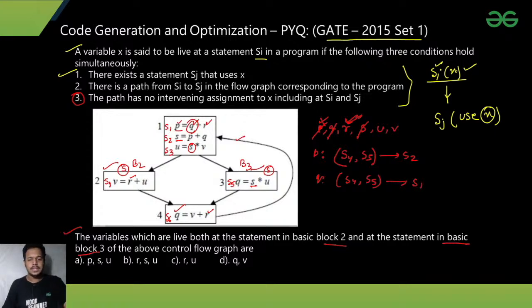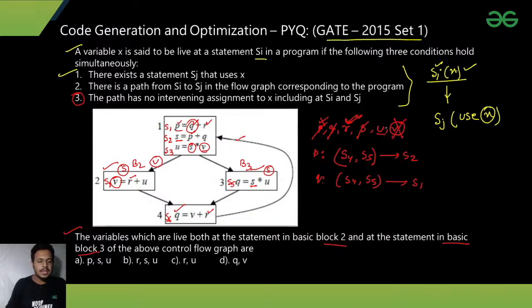Let's talk firstly about the variable V. Variable V here is assigned. Even if we say that V is live here, it is assigned before the value is used. So it also won't be a live variable.